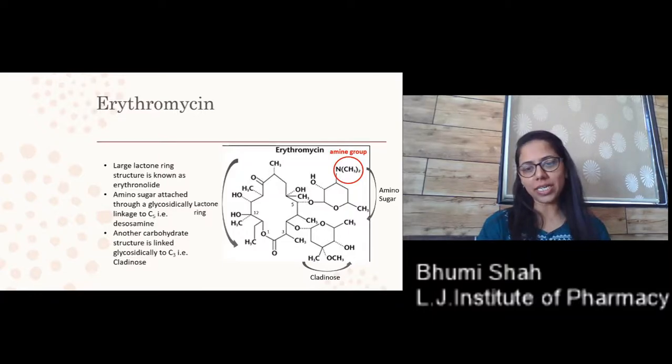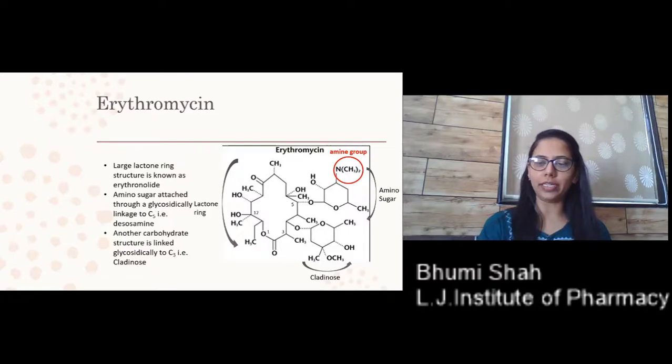Erythromycin possesses a 14-membered lactone ring, known as erythronolide, while the amino sugar, attached at the fifth position of the lactone ring, is known as desosamine. Another sugar molecule, cladinose, is attached at the C3 position with a glycosidic linkage to the lactone part.